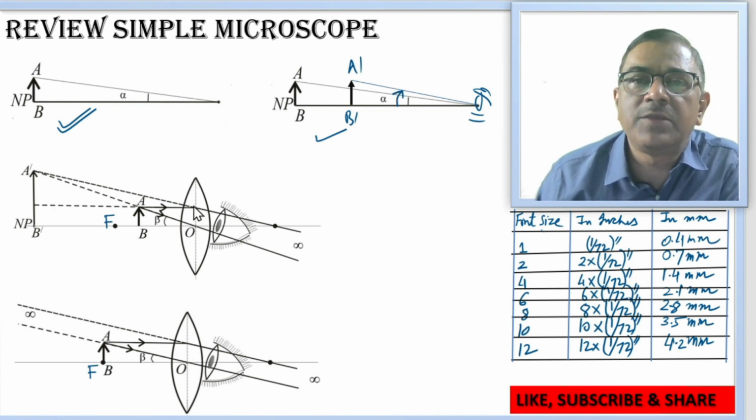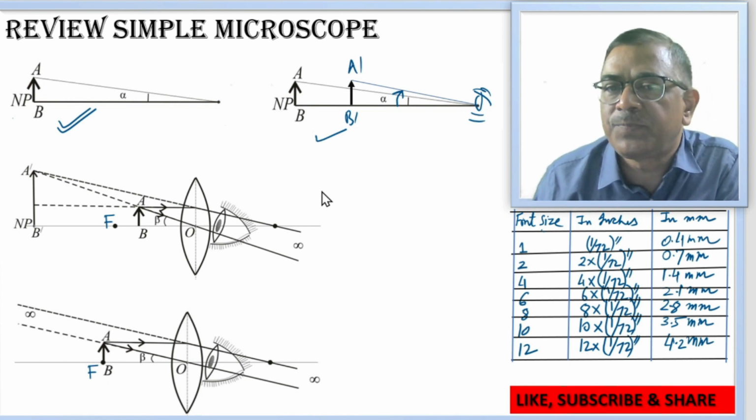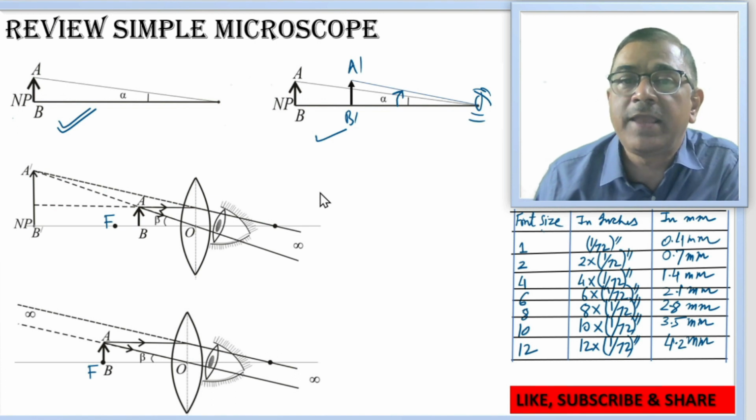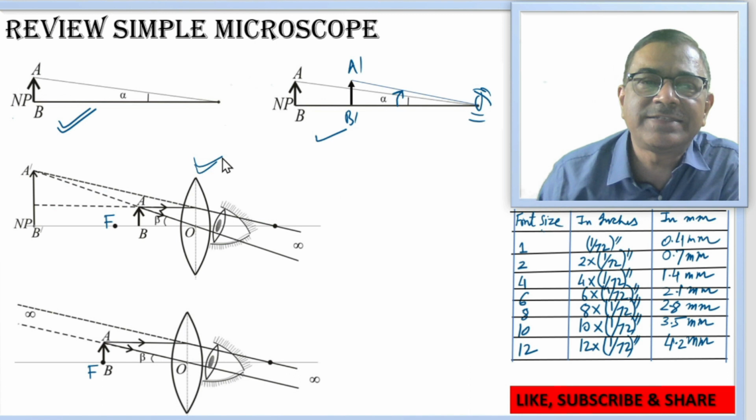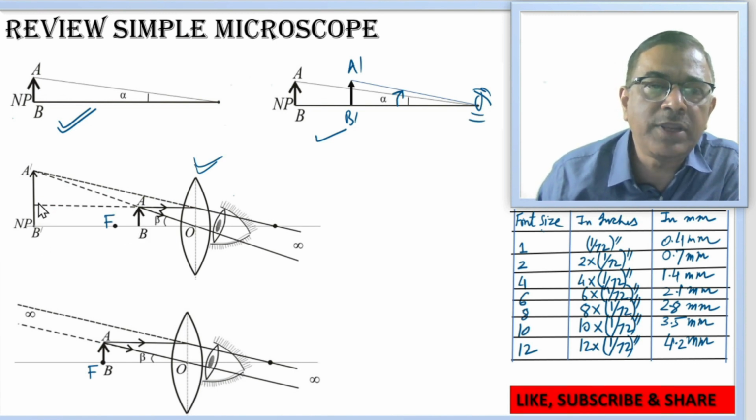But you see, in the process, when you keep the object very close, the eyes get tired. To avoid eye strain, we place a convex lens in between the eye and the object and ensure that the image of this object forms either at the near point of the eye or at infinity.